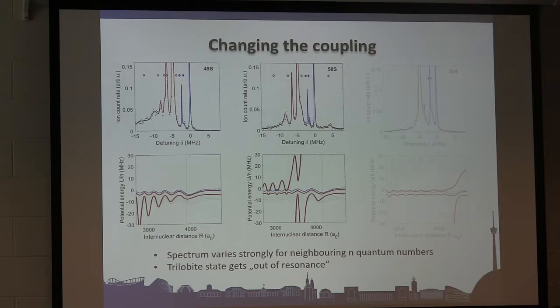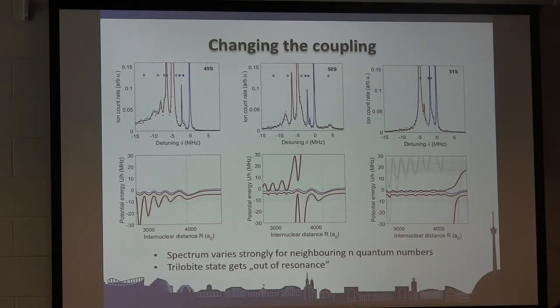But when we go up to 51s, then it's actually crossing right at the position where this outermost well typically is, so we don't see any normal Rydberg molecules anymore on the red side, and there's maybe a bit of signal. So this is due to the fact that the Trilobite state gets basically out of resonance of this energy of the nuclear spin.